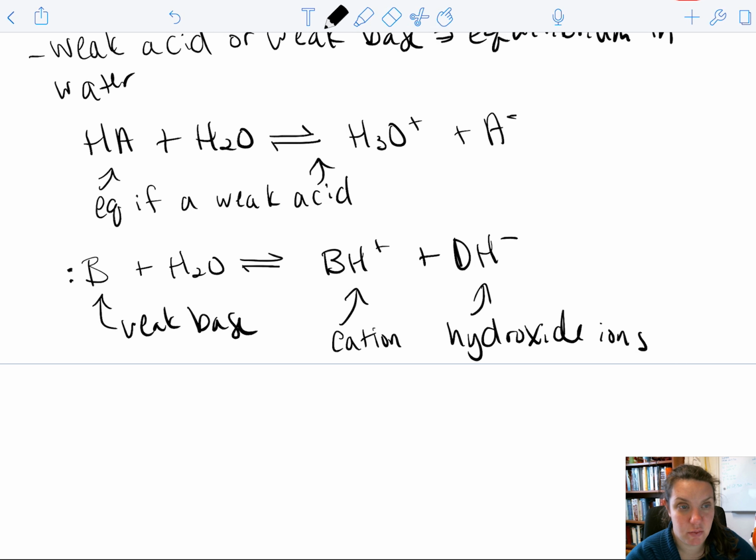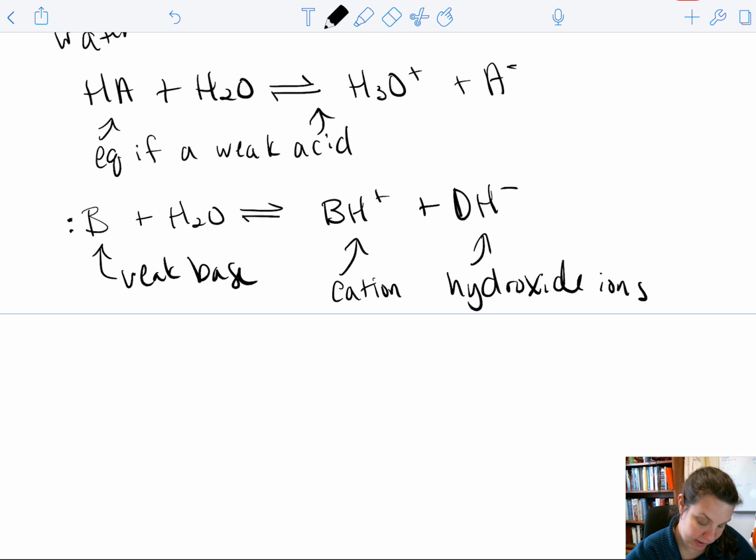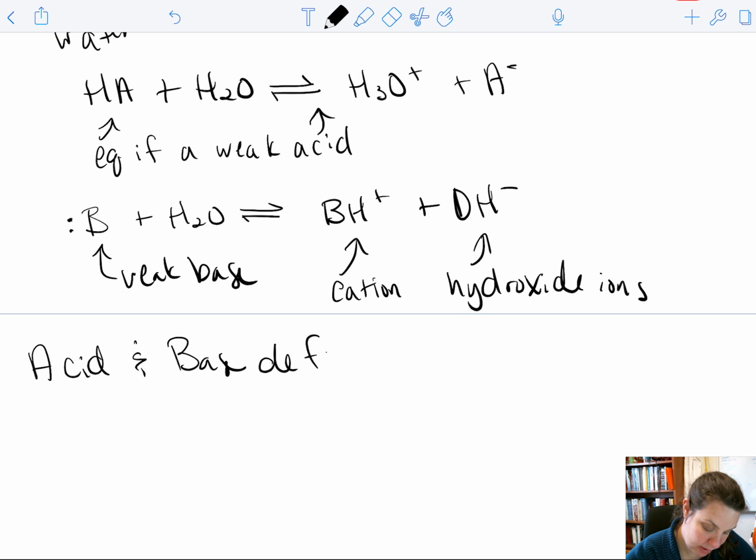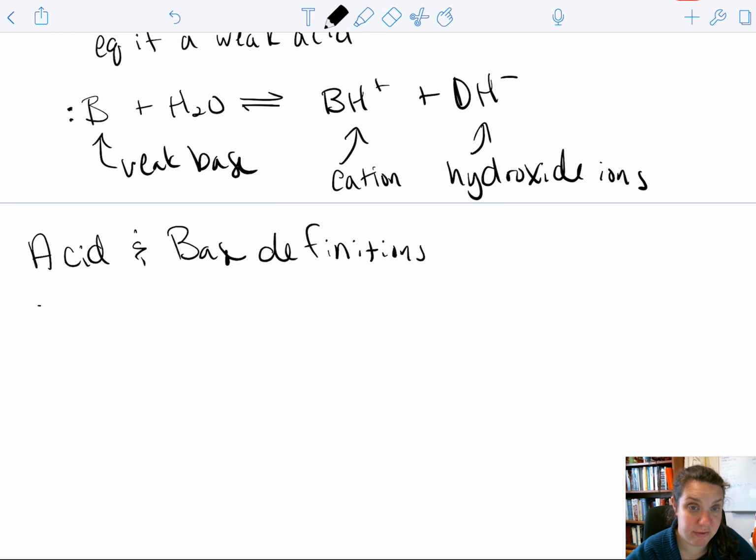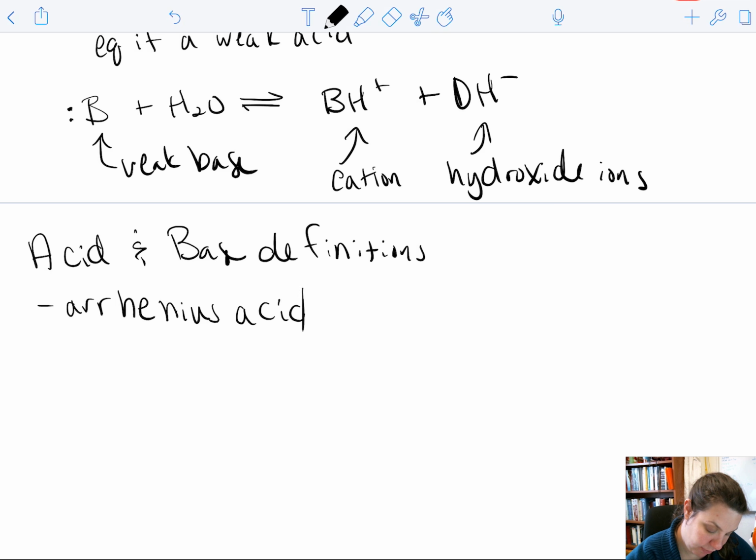Okay. We can define our acids and bases in a couple different ways. We have an Arrhenius acid, same guy who brought us the Arrhenius equation, and we have an Arrhenius base.